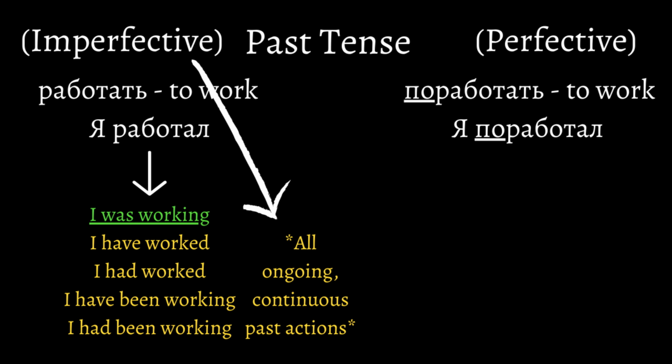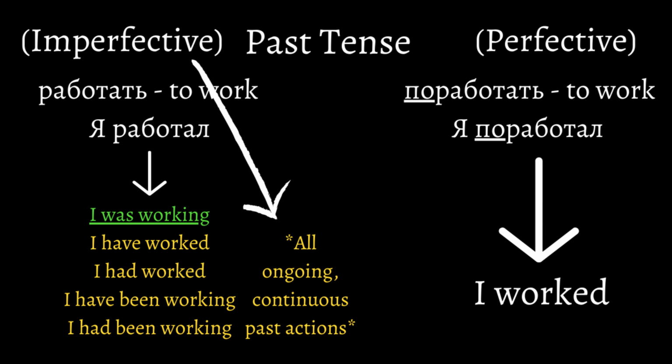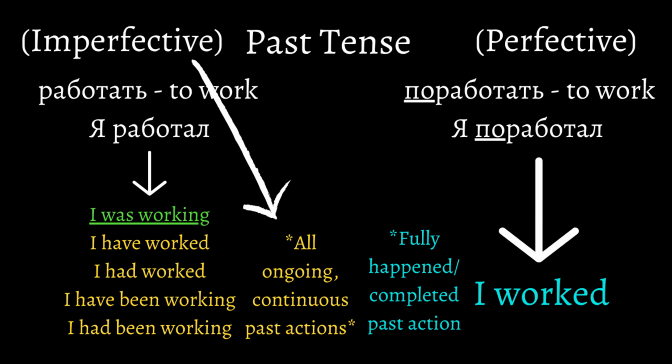As I said, the perfective is equal to the past or future simple in English. And considering that I already showed the continuous variations of this verb in the past in English, it's safe to say that я поработал simply means I worked. It means I worked in the perfective not because it's still happening, it's because it fully happened and it's fully completed.